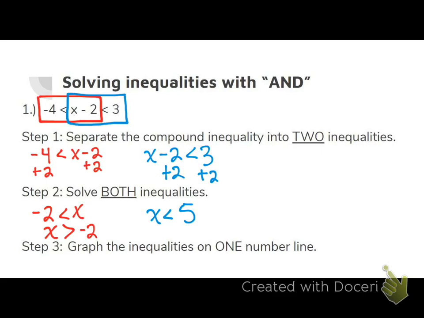All right, step 3 is to graph these on one number line. And also we have to keep in mind for and inequalities, we're only interested in where they would intersect. So let's make our number line.